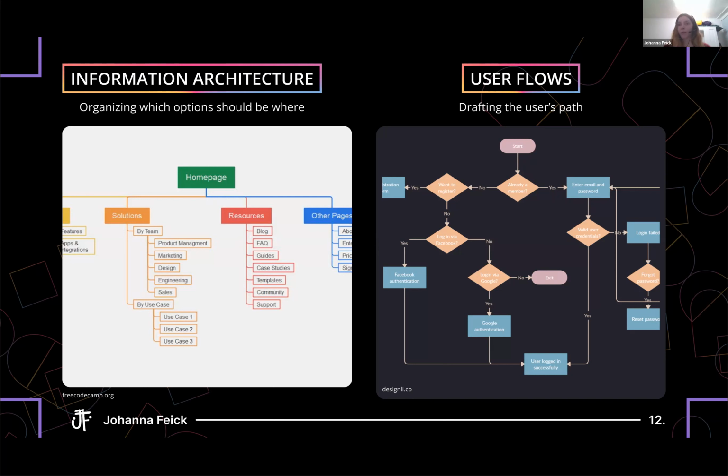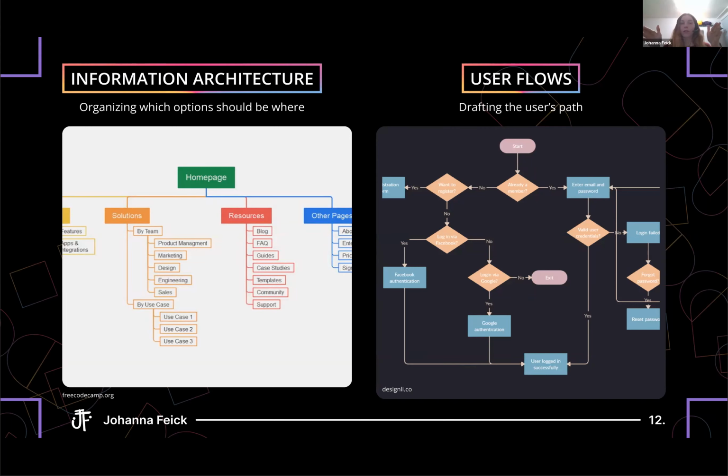Another thing that's very important are user flows. They allow you to draft the path that a user is going to take through your app. So for example, in a sign up process or after your splash screen, either they will be already registered or they have to register.